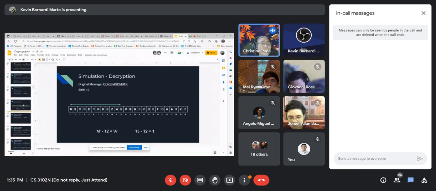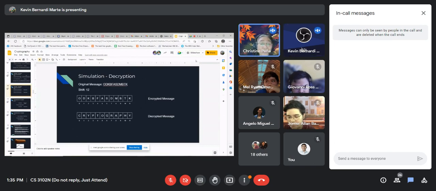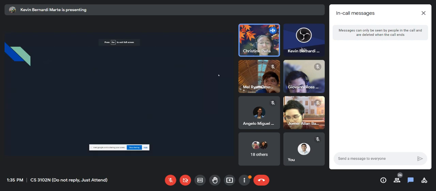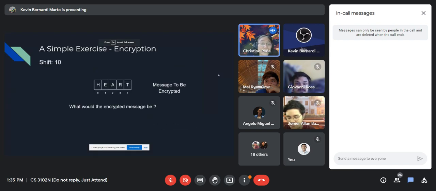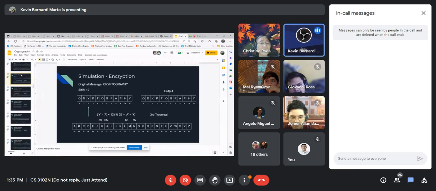What is the original message? In your example, what is the original message and what is the decrypted message?